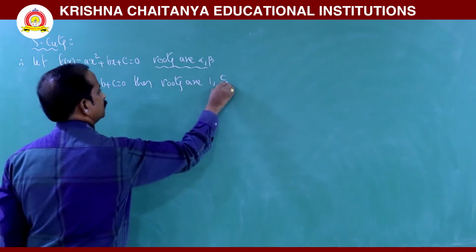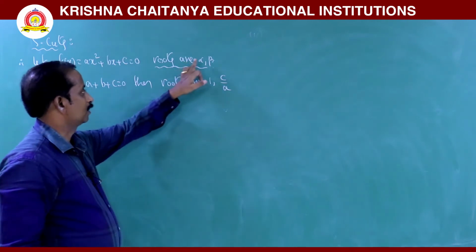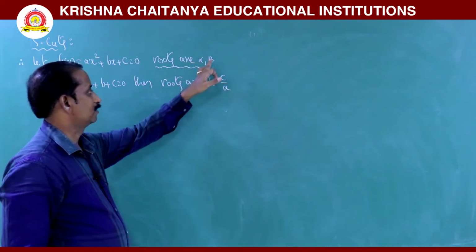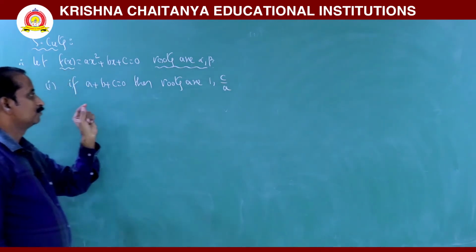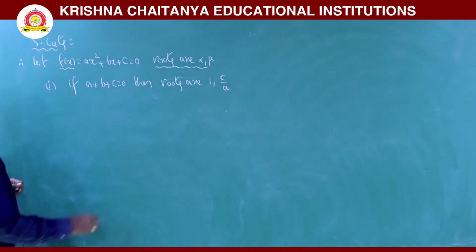One of the roots, alpha, is equal to 1, and the other root is c by a. Now how to prove the roots are 1, c by a?